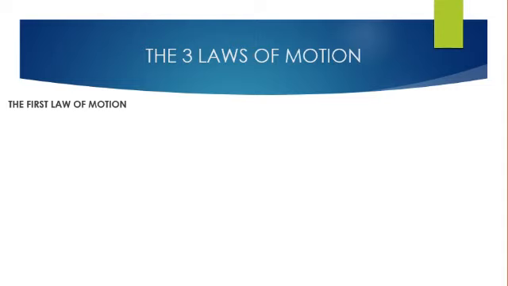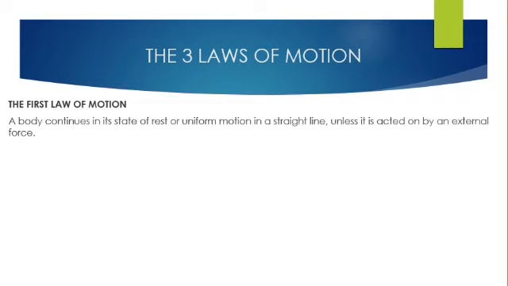Or simply, a body continues in its state of rest unless it is acted on by an external force, or a body continues in its state of uniform motion in a straight line unless it is acted on by an external force. Now, this tendency of a body maintaining its state without being changed is known as inertia.